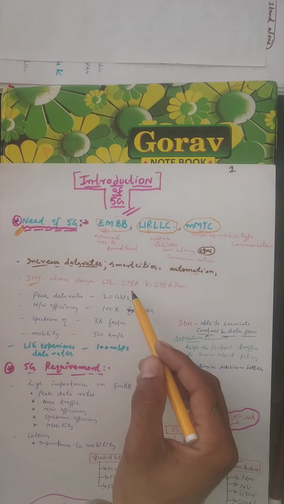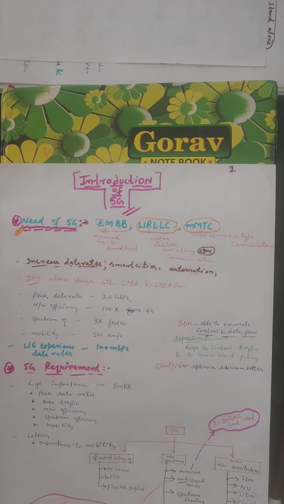Other is LTE-A, long term evolution advanced. This design is used for the 4.9G communication system, and LTE-A Pro, long term evolution advanced Pro, is used in the future communication system as well as in the 5G communication system.